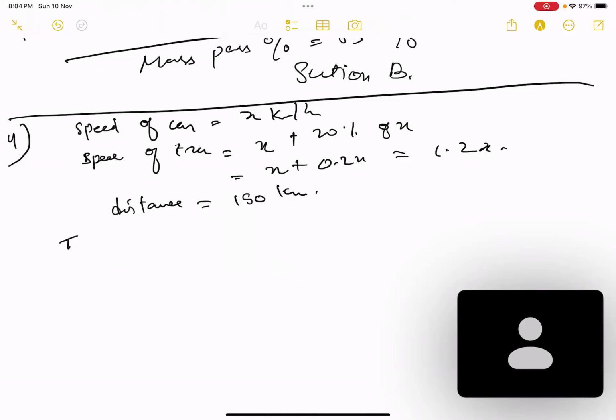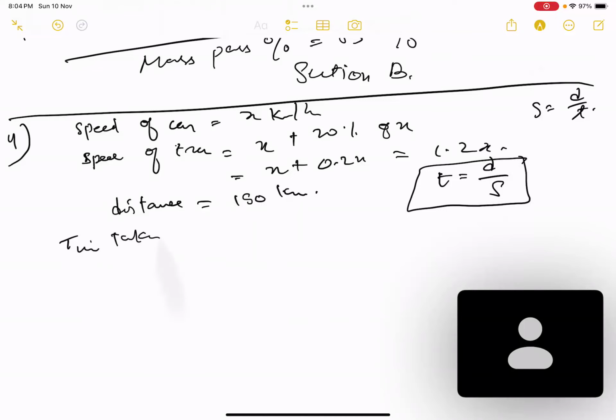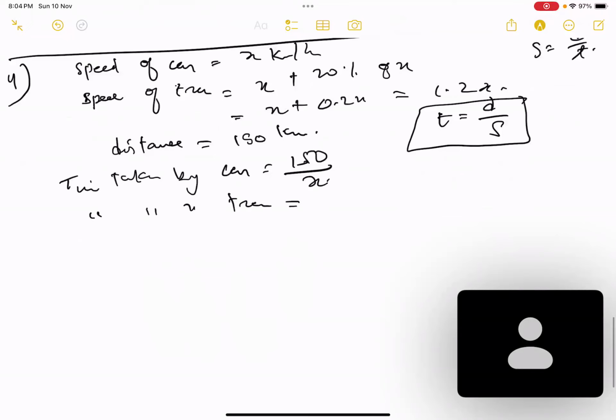Now we know that speed is equal to distance by time. So time is equal to distance by speed. Therefore, time taken by the car is 150 by x hours. Time taken by the train is equal to 150 divided by 1.2x, which is nothing but 125 by x hours.